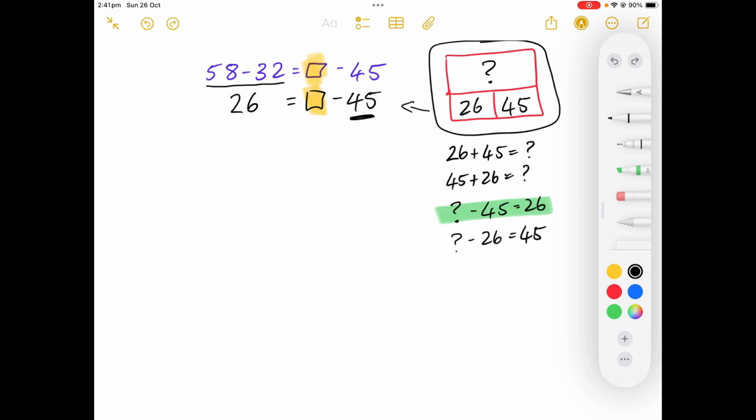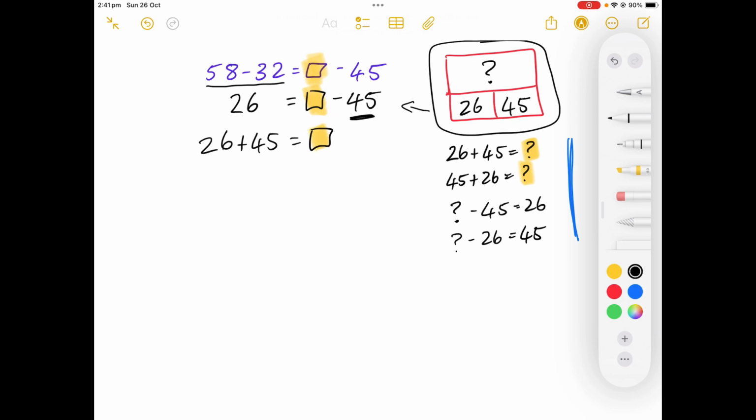And because of that, we now have to select one of these that leaves the unknown on its own for rewriting the equation. This one's on its own and this one's on its own. So you can choose either of those to write. So I'll just say 26 plus 45 equals, I don't know. And that one will be easy for us to do.